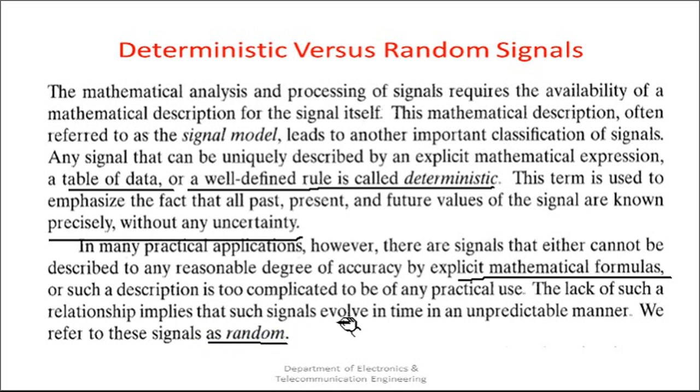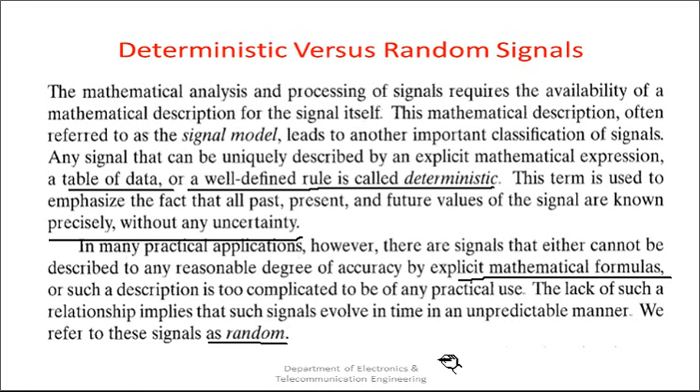Such a description is too complicated to be of any practical use. The lack of such a relationship implies that such signals evolve in time in an unpredictable manner. We refer to these signals as random. This is all about some of the signals. We may go for additional signals also over here.